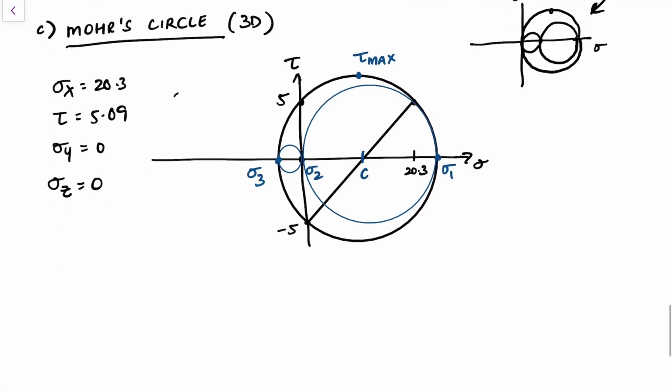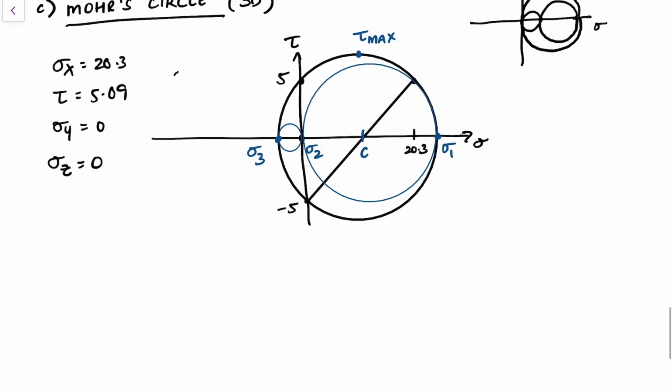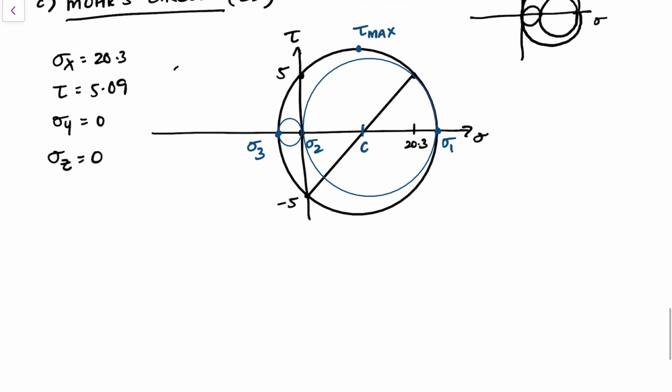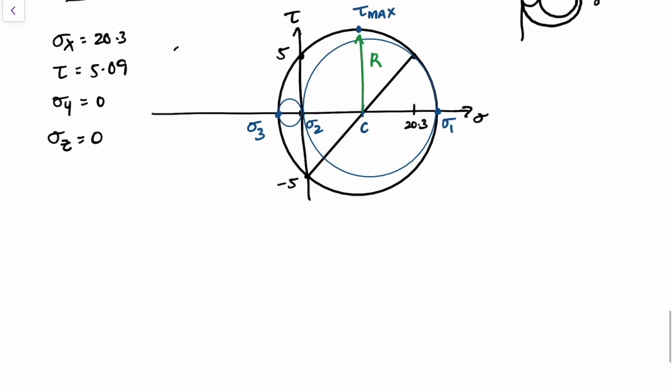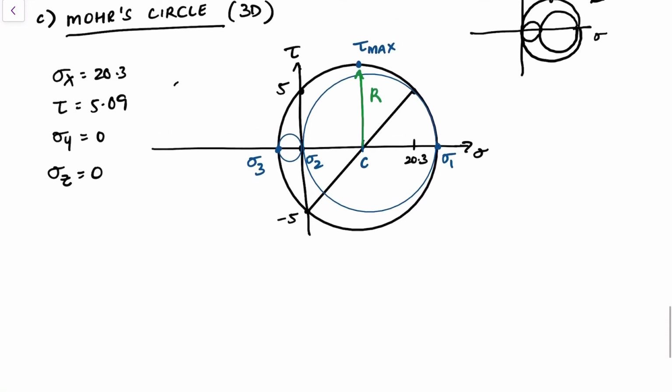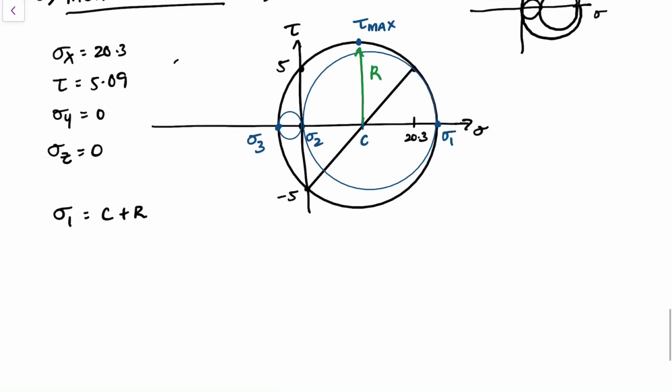So let's calculate the values now for tau max, sigma 1, sigma 2, and sigma 3. First we need to know the properties of the circle. We need to know the center, and we need to know what the radius is. Sigma 1 is basically the center plus the radius.